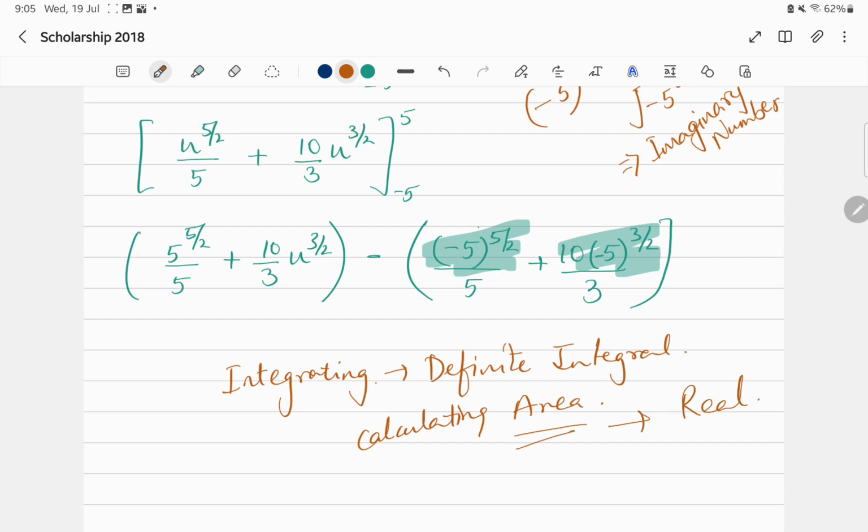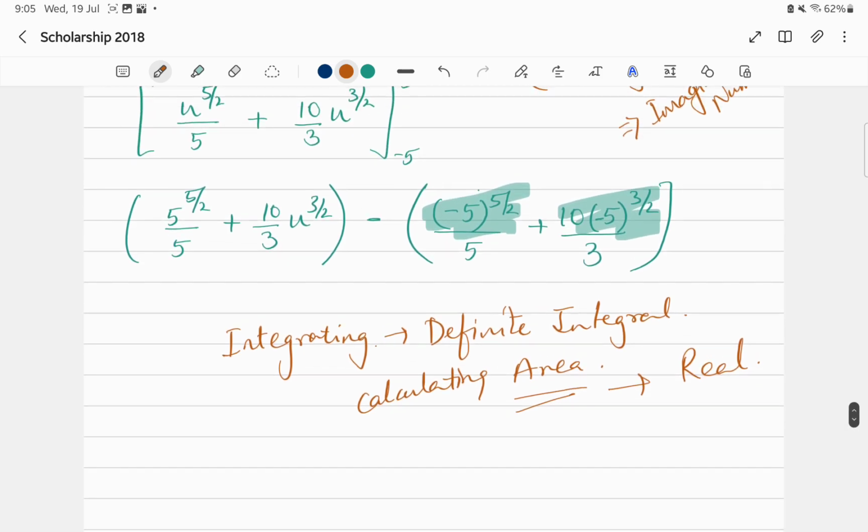It's a real number, so the answer should be a real number, not an imaginary one. And that is why this method is not going to help you in integrating this. So you have to explain why it's not working. Great. I hope this makes sense to you. Great. Have a good day.